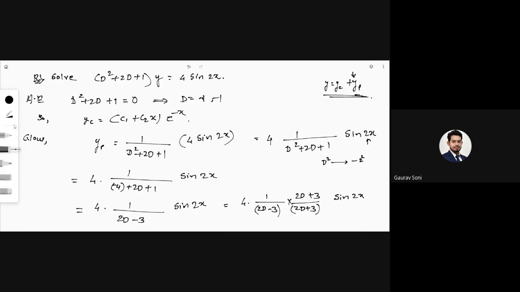So I'll go to the top of this page and I'll rub this part of it.